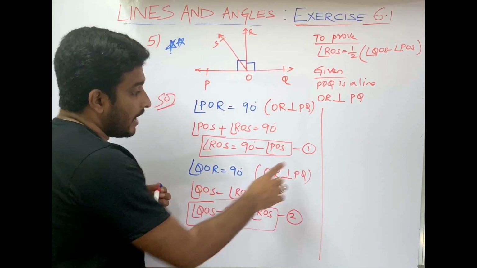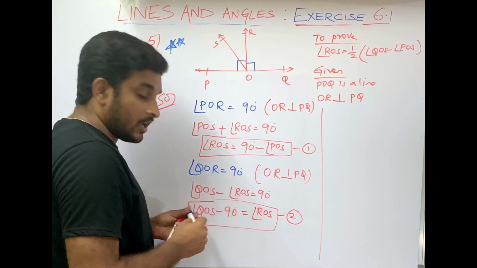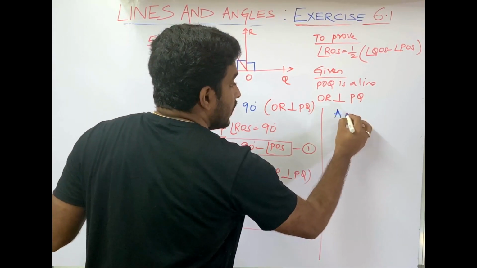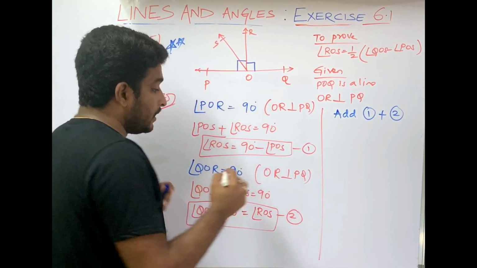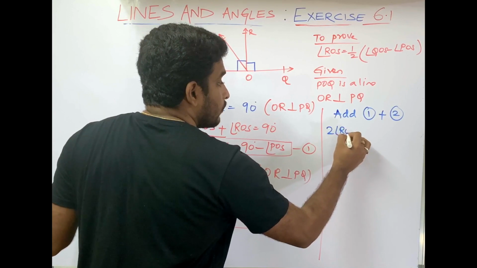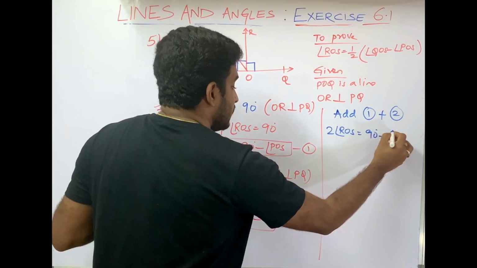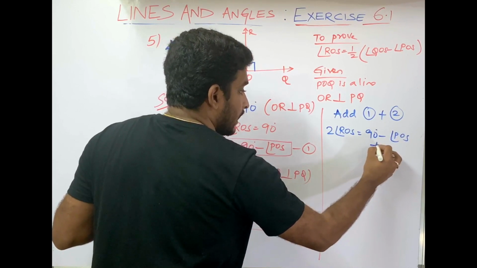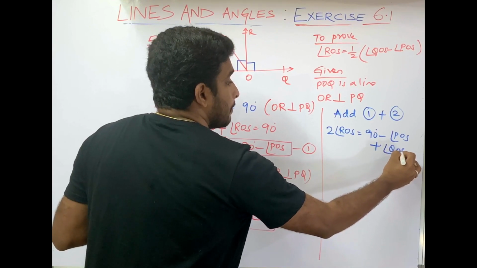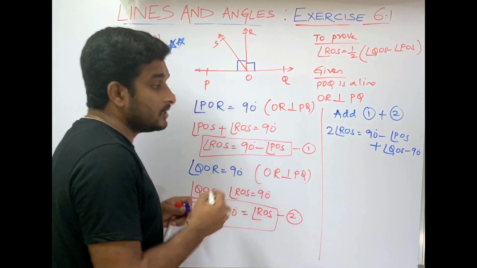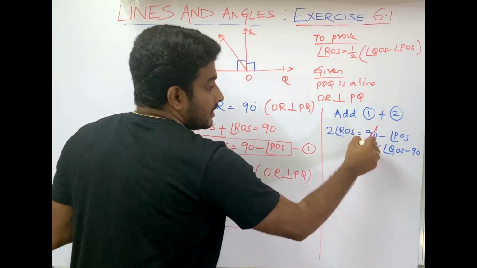See, we have equation 1 and equation 2. Both have angle ROS. Now what we'll do is we'll add equation 1 plus equation 2. Then what will happen? It will become 2 angle ROS equal to 90 degrees minus angle POS plus angle QOS minus 90 degrees. That is plus 90 degrees minus 90 degrees will get cancelled.